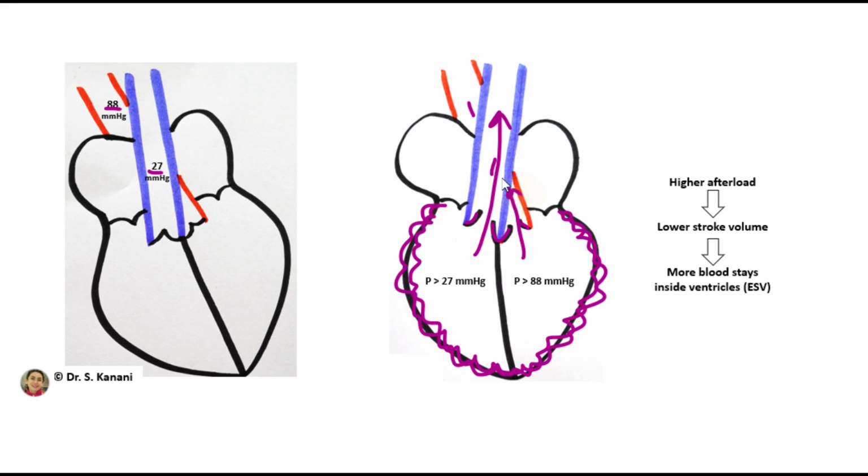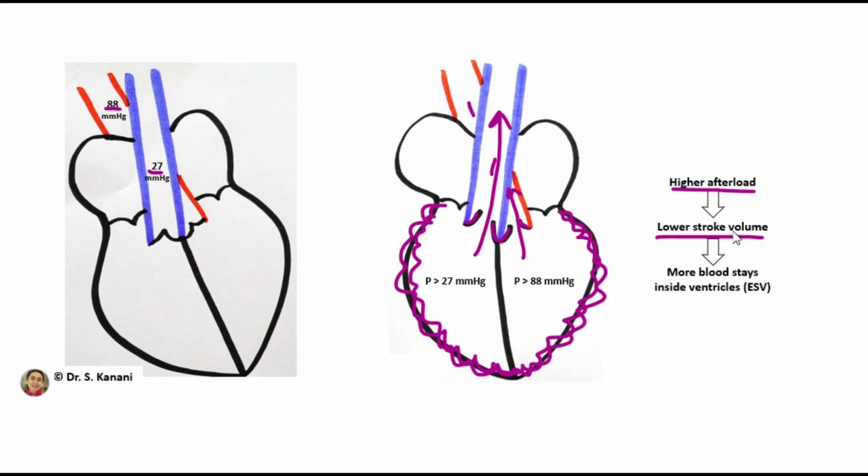So we say if afterload, the pressure that we have in these arteries, is higher than usual, since more of the force that ventricles generate should be used to open the semilunar valve, less force is left to pump blood out. So the amount of blood that ventricles pump out each time that they contract would be less.